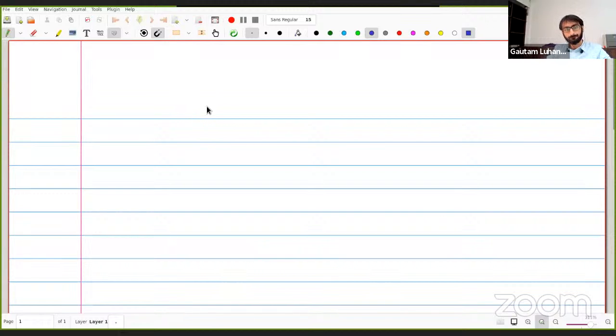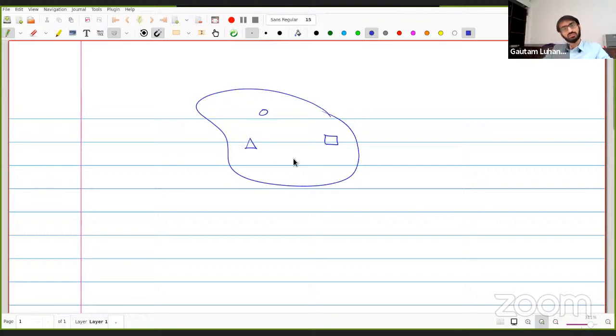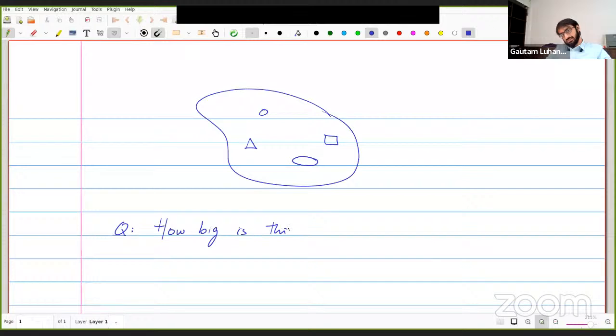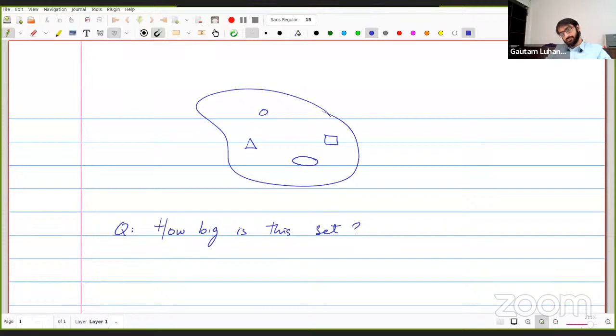So let's start off from a simple question. If I give you a collection of objects, let's say there's a few objects in there, perhaps a few shapes, and I ask you how big is this set, how would you answer that question?